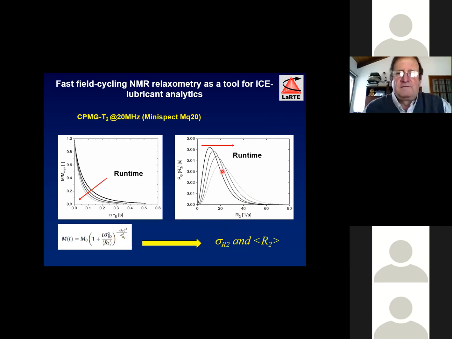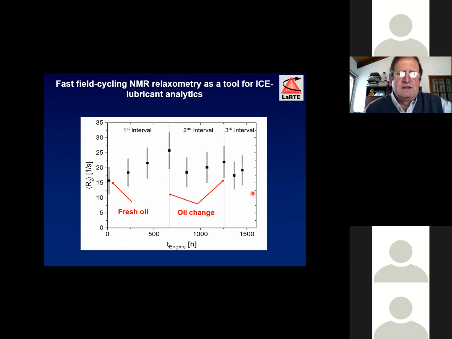You see, T2 becomes shorter when the oil degrades, and the width of the distribution, that means the distribution of T2 values, increases. Here in this plot, the point represents the mean value of the distribution, and the bar represents the width of the distribution. So you see, as you use the oil, relaxation rate R2 starts to increase, change oil, again decrease, and so on.